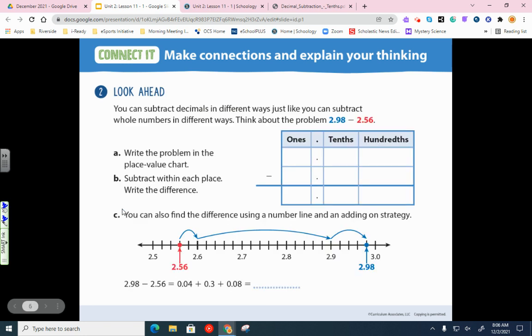For this next one, it says you can subtract decimals in different ways, just like you could add them in different ways, and similar methods can be used here. For A, write the problem in a place value chart. So let's do that. Our first value goes up top, so that's 298.